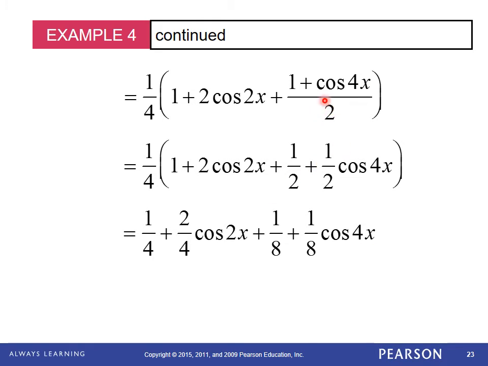All right, and then we're going to take this 2 and we're going to bring it underneath the 1. Take the 2, bring it under the cosine 4x, and really just becomes a multiplier here. And we distribute this 1/4 to the 1, to this one, third term, and fourth term.